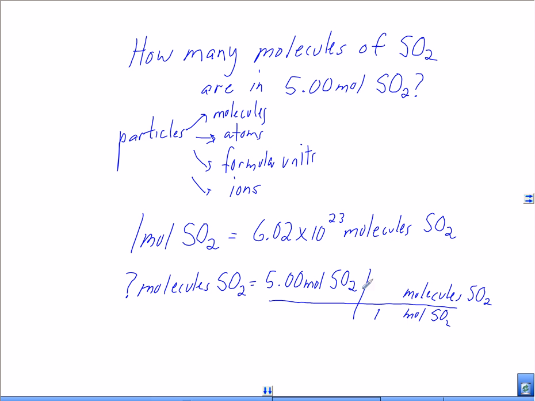In 1 mole, I have, there it is, 6.02 times 10 to the 23rd molecules. What happens to my mole values? They go away. And what does this end up being?